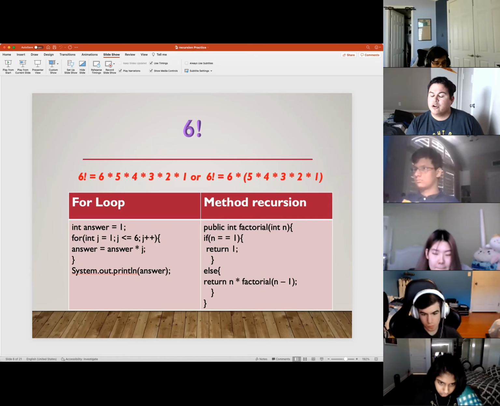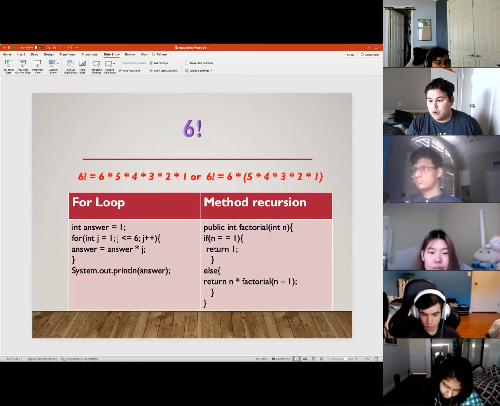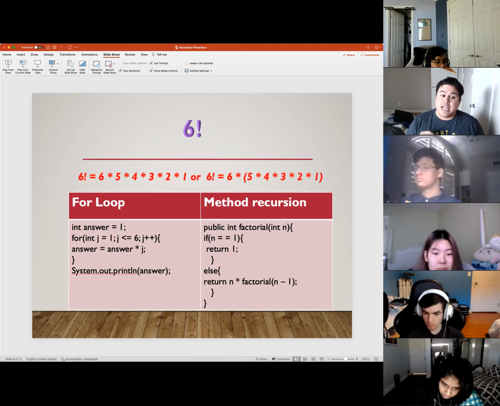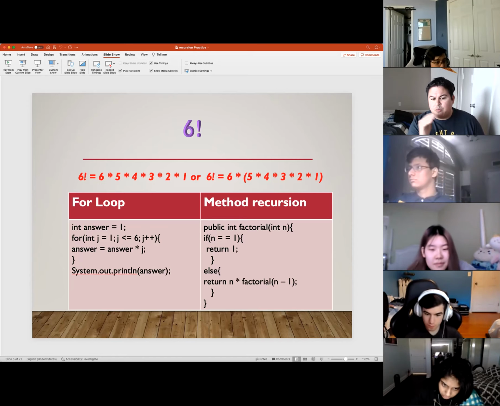Now, recursion. Take a look at this, using recursion. public int factorial(int n): if n equals 1, we're going to return 1. Else, return n times factorial(n minus 1). First of all, what do you notice about this method?